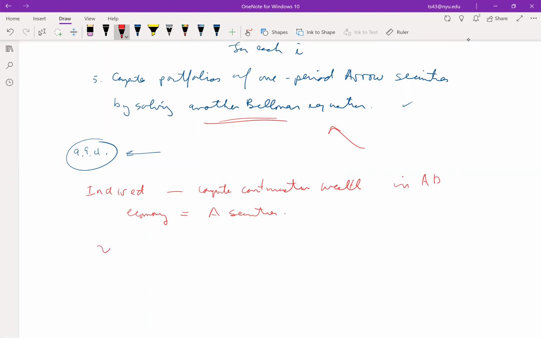So I'm going to write that down. I'm going to now write down psi i of s, because I'm in the Markov setting. It's a key thing, the Markov setting. So here's what this continuation wealth looked like.